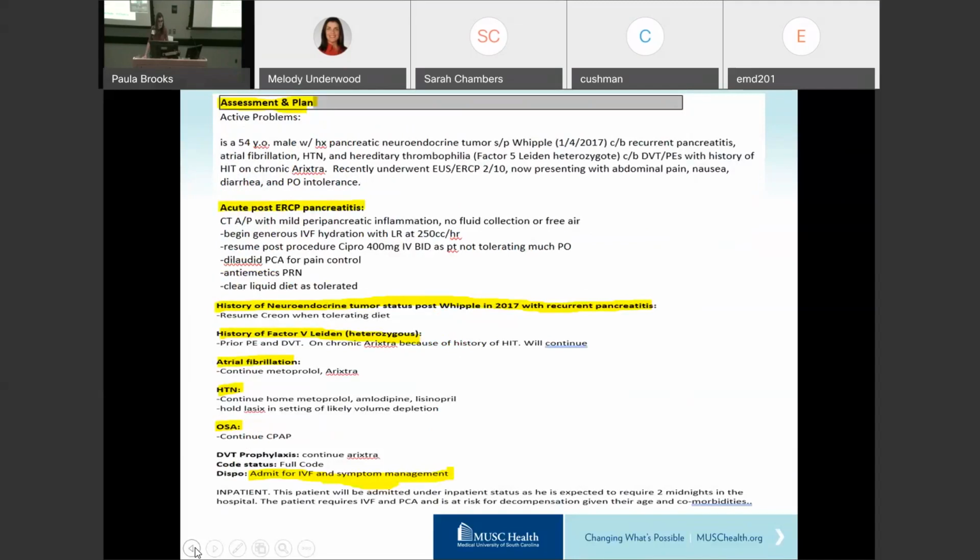Patient is being admitted for IV fluids, symptom management. The providers made it very clear at the bottom that the patient will be admitted under inpatient status, expected to require 2 midnights in the hospital. So that should give us a clue right there that we're looking at an initial inpatient visit.